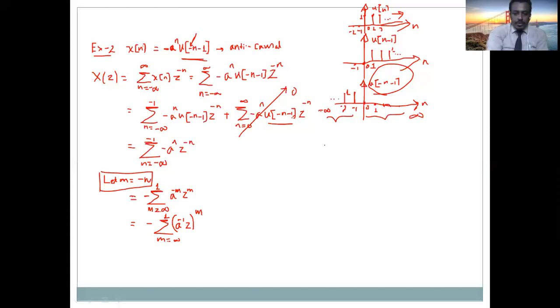Now again from our geometric sum formula, if you take any variable x from 0 up to infinity, the summation of a raised to x is 1 over 1 minus a, if and only if the absolute value of a is less than 1. This is the geometric sum formula. This summation starts from 0, but in our case, m starts from 1.